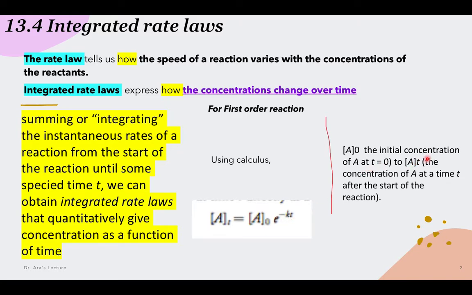So A0 is the initial concentration of reactant A at time 0, and At is the concentration of A at a specified time after the start of the reaction. k is the rate constant, we know that.